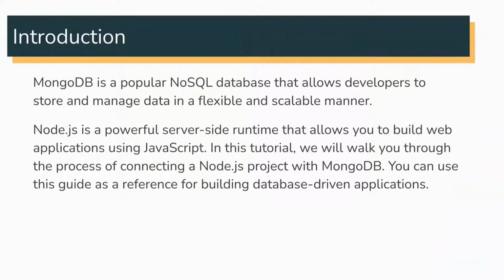MongoDB is a popular NoSQL database that allows developers to store and manage data in a flexible and scalable manner. So basically, SQL stands for Structured Query Language, and MongoDB being a NoSQL database, it means that it's not a structured query language.